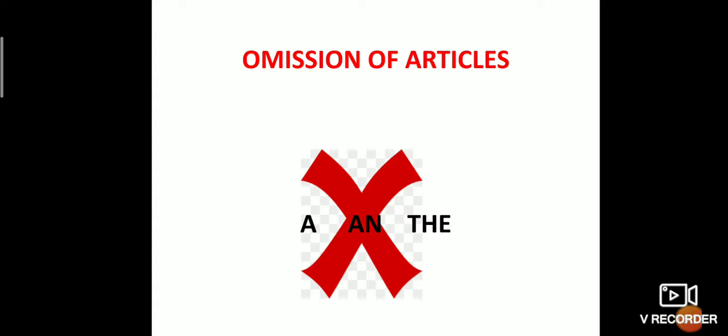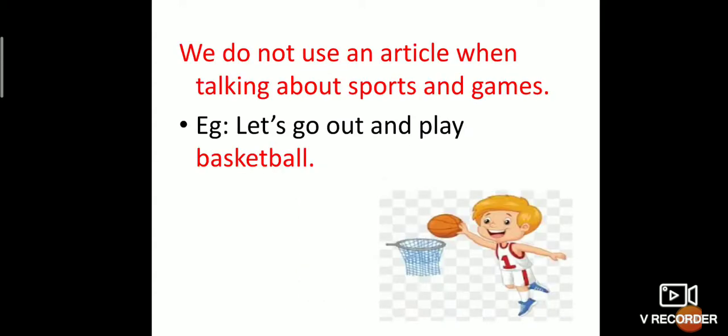Now, next we'll talk about the words where we do not use articles, meaning omission of articles. In these sentences we will not use a, will not use an, and will not use the; we will not use any article. So let's see.